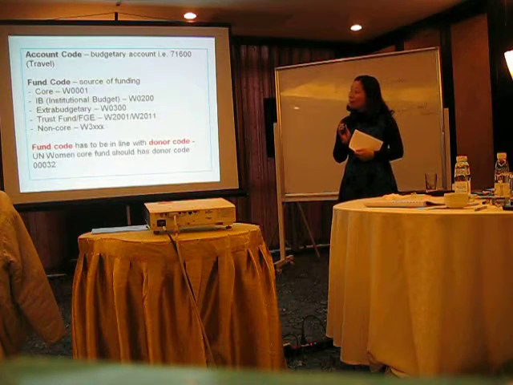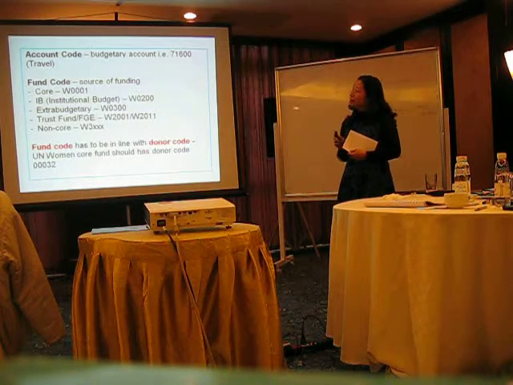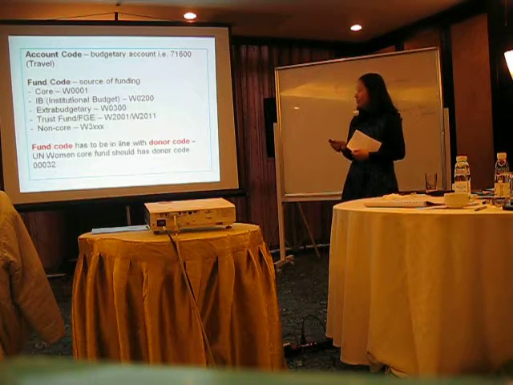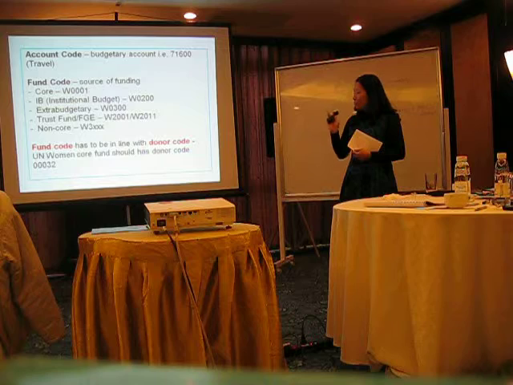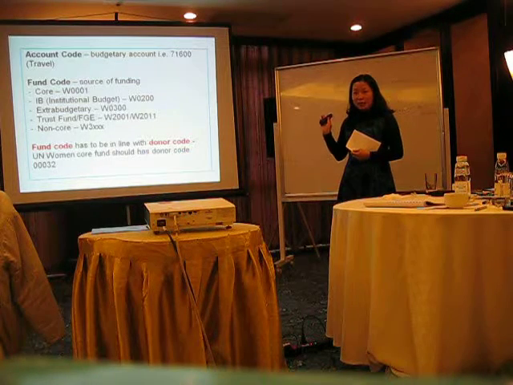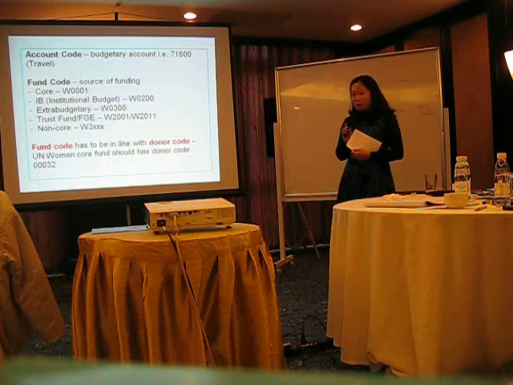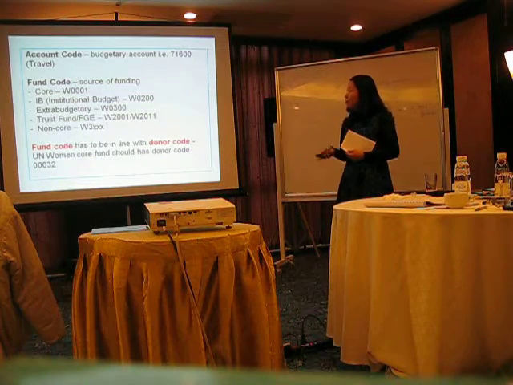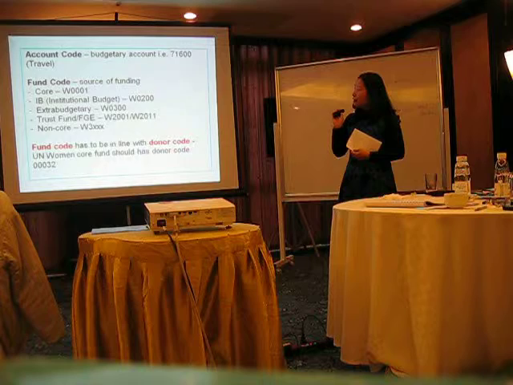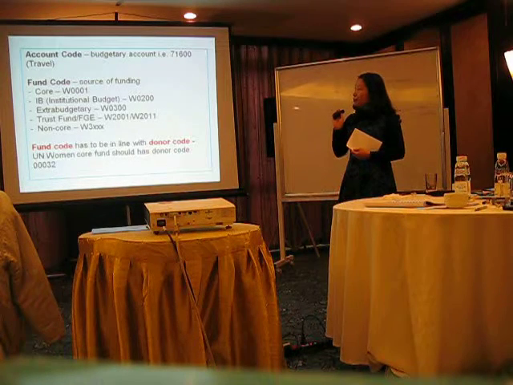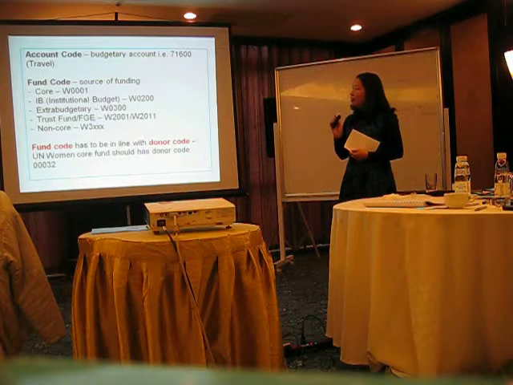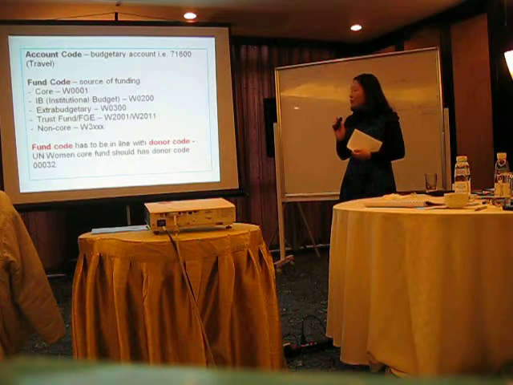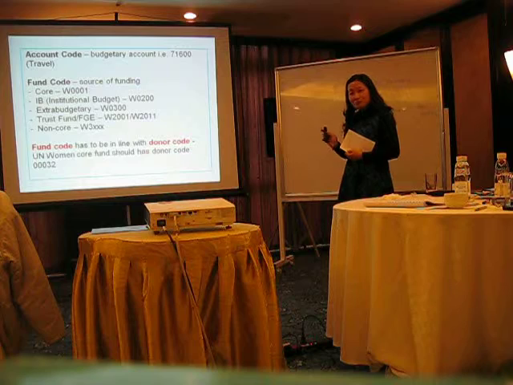For example, for core fund, it is W001. One thing you should pay attention to is that the fund code should be in line with the donor code. For example, if your project is a core fund project, the fund code should be W001 and the donor code should be 00032.